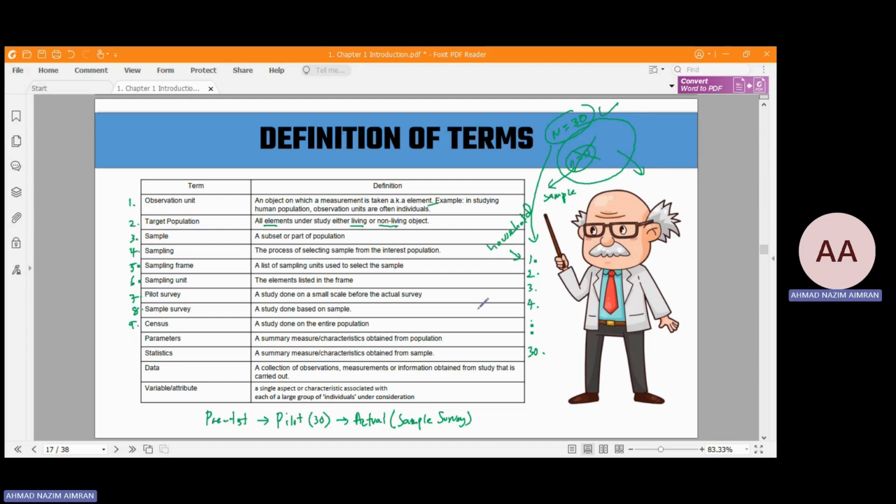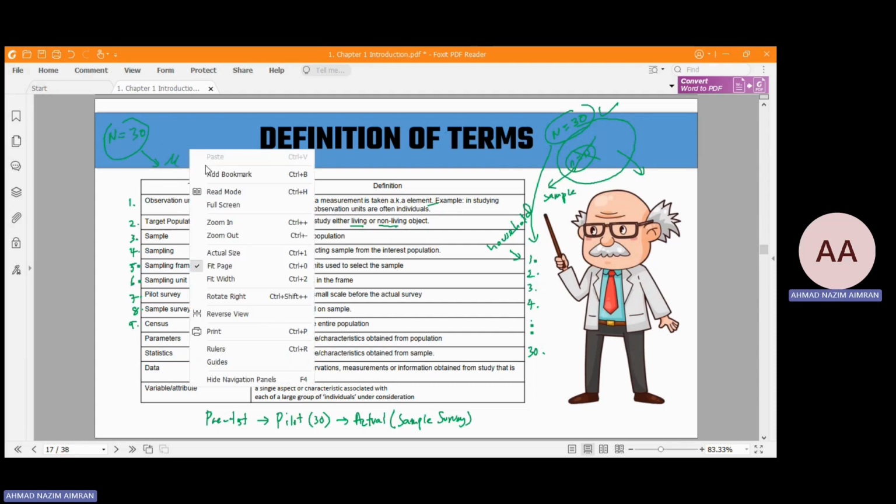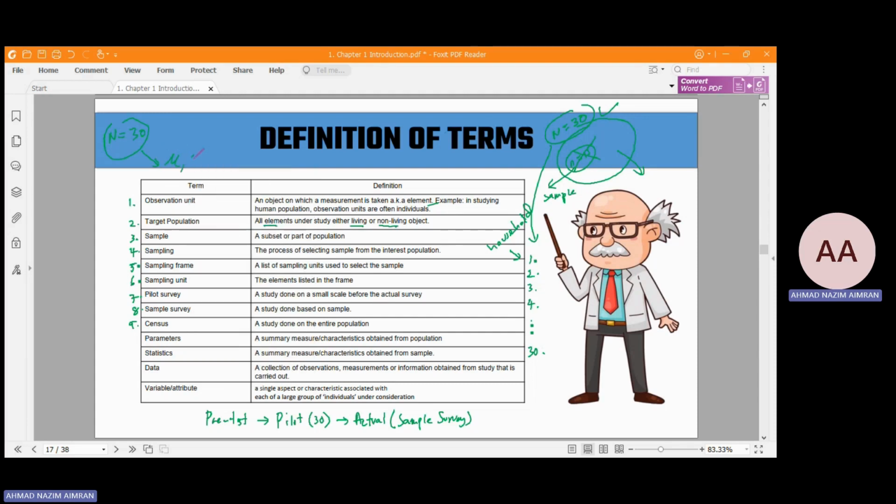And if you conduct a census, for example, from the 30 students, all information generated, let's say you generated the mean score, or any statistical analysis generated from all 30 students here, is called a parameter.